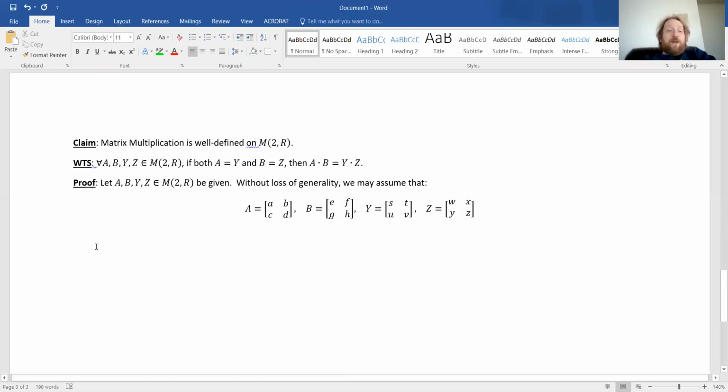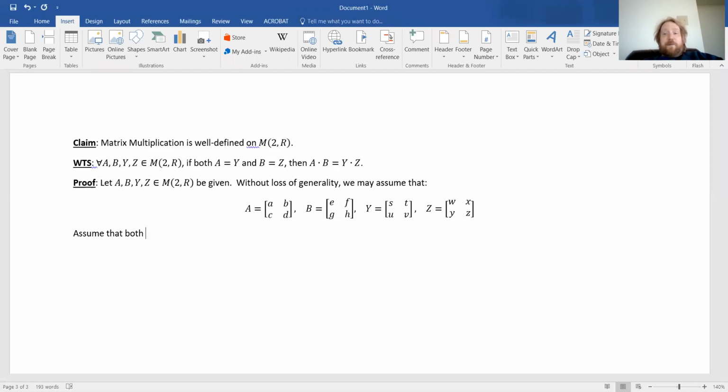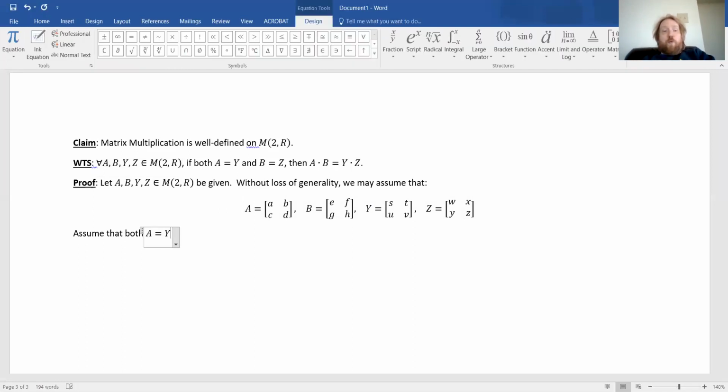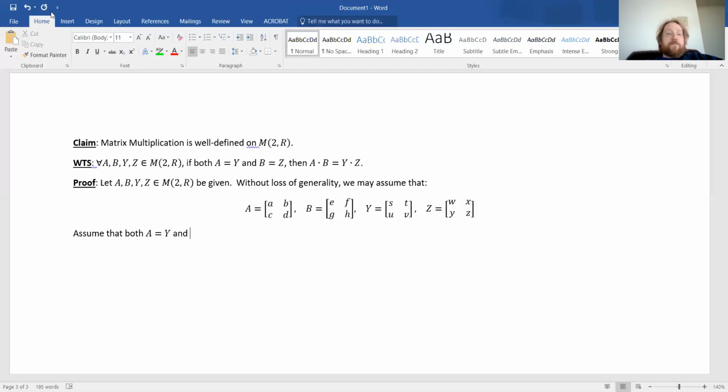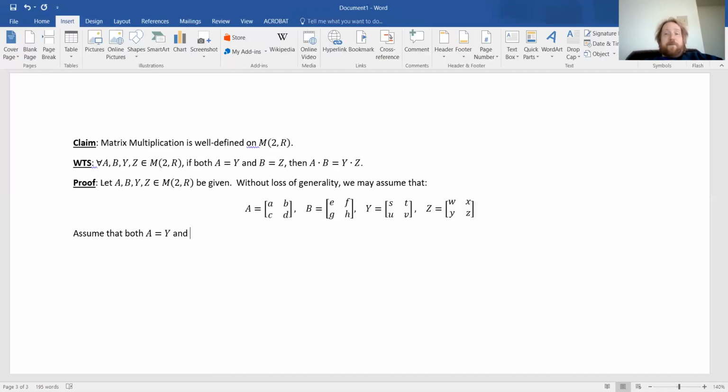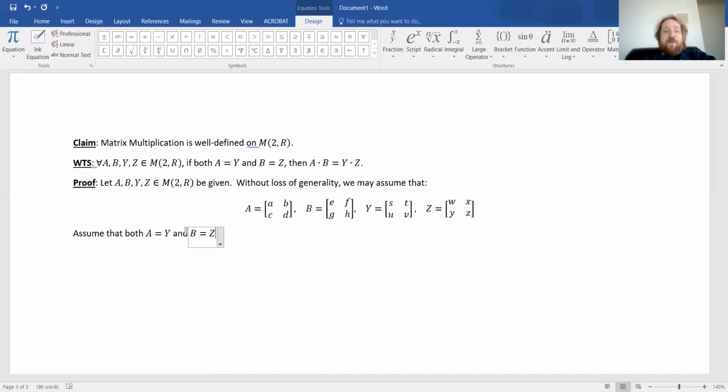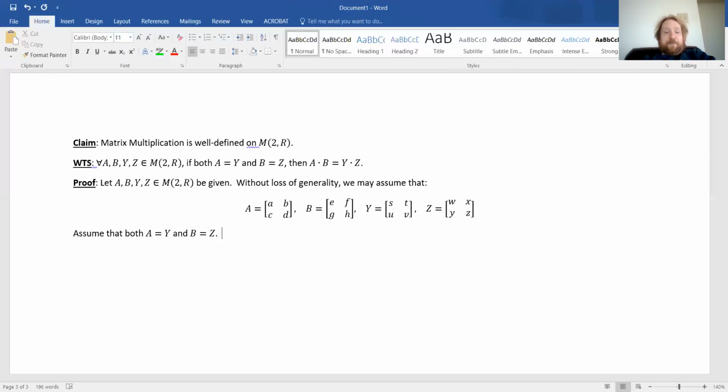So we'll assume the if part, assume that both A equals Y and B equals Z. Now, I am going to go as far as I can thinking forwards, trying to push each new assumption one step further.